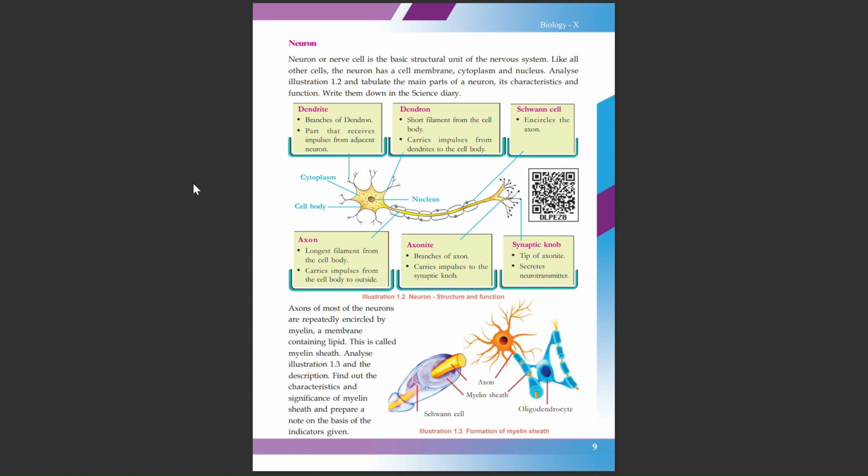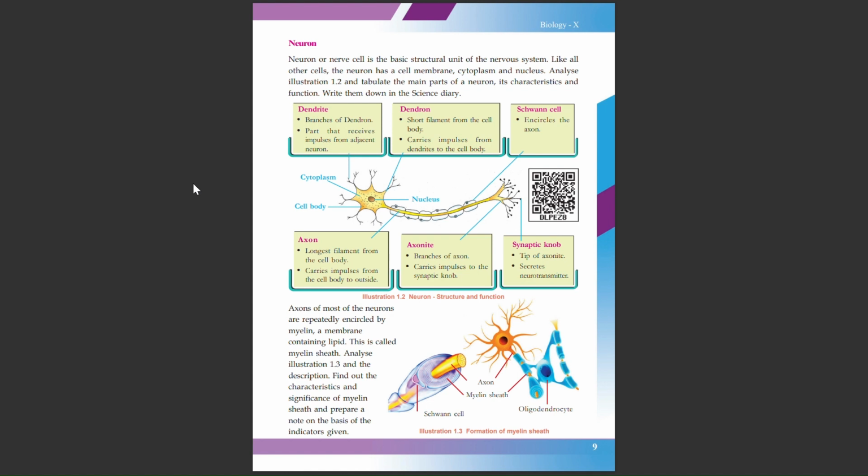The stimuli is received by the cell body and transmitted along the axon, and then it reaches the branches, the synaptic node, where it is transmitted to one more neuron. That's how the connection works in the brain. For your understanding, I've told you.